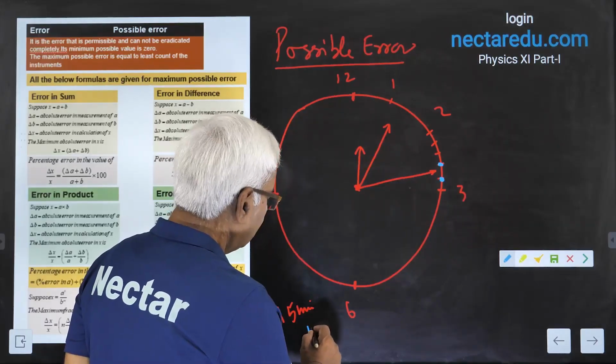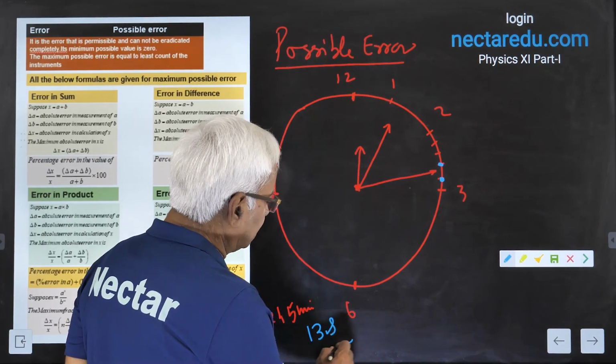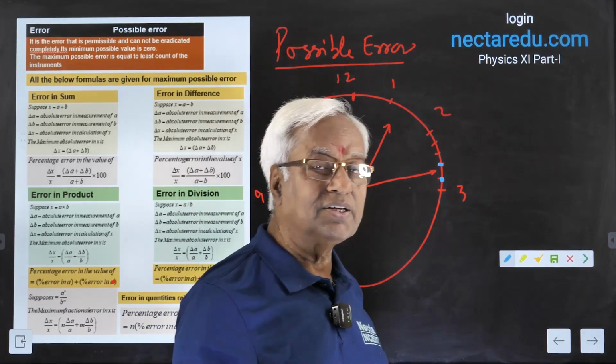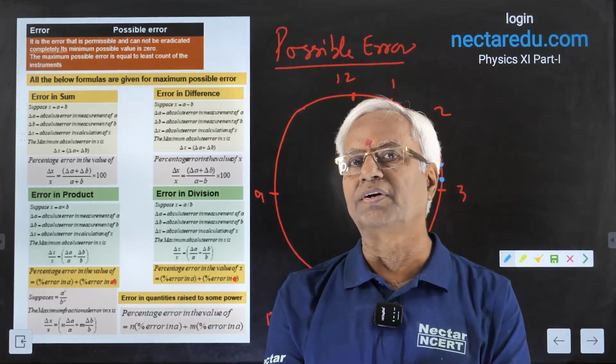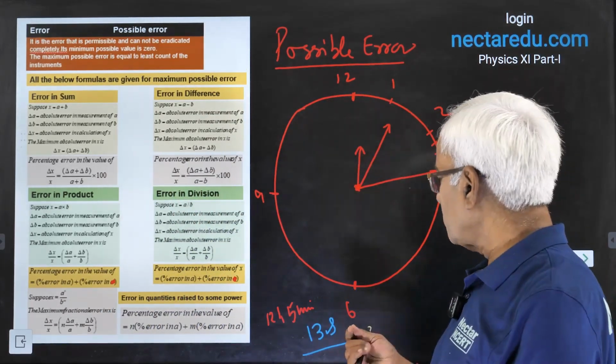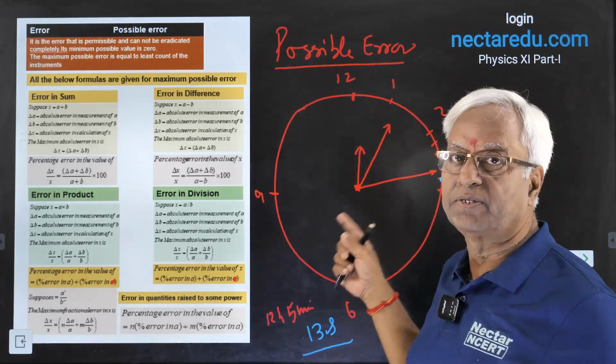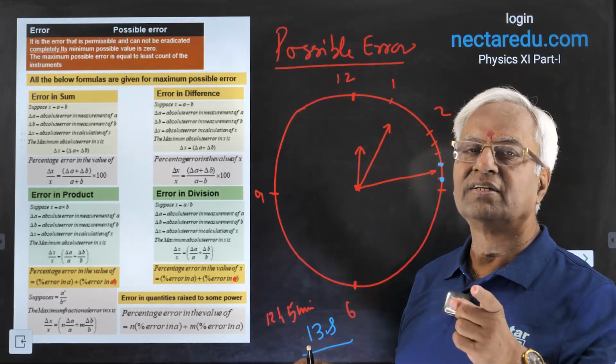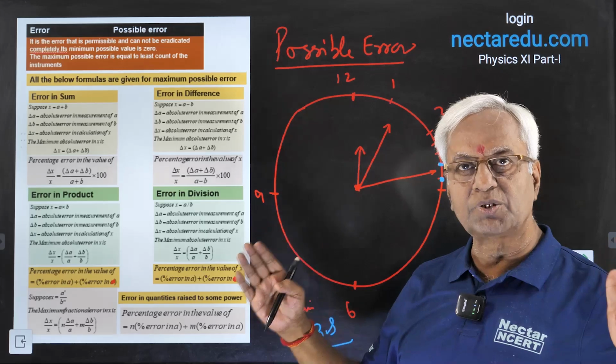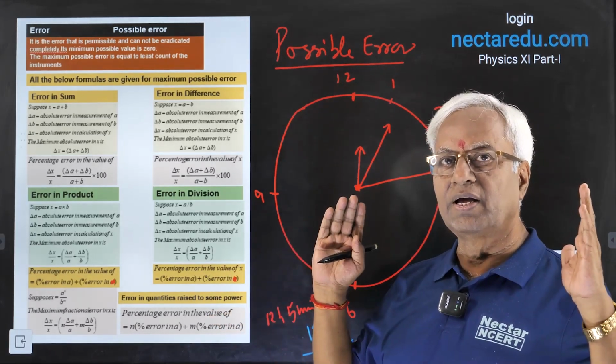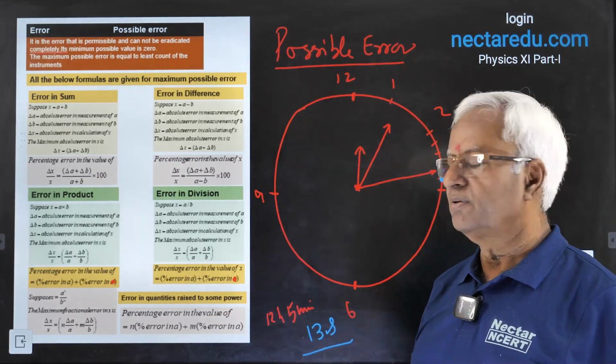Here, suppose we say 13 seconds, then one error has taken place because you are reading less. This error that is taking place without your mistake is known as permissible error, or possible error.